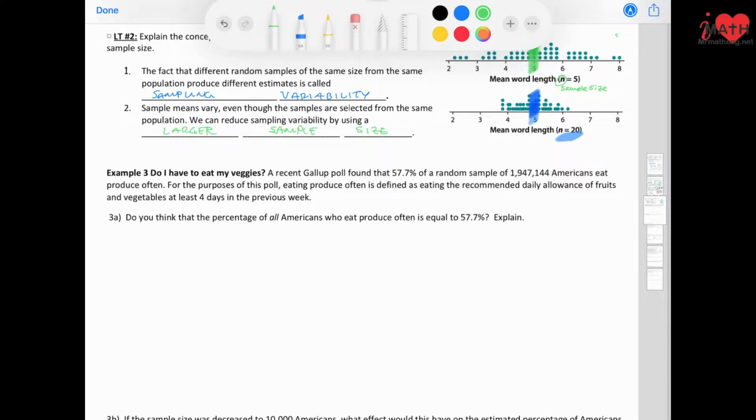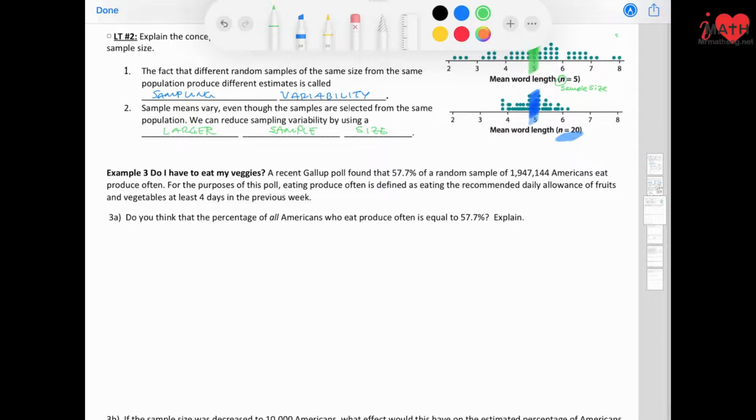Example number 3. Do I have to eat my veggies? A recent Gallup poll found that 57.7% of a random sample of 1,947,144 Americans eat produce or vegetables often.